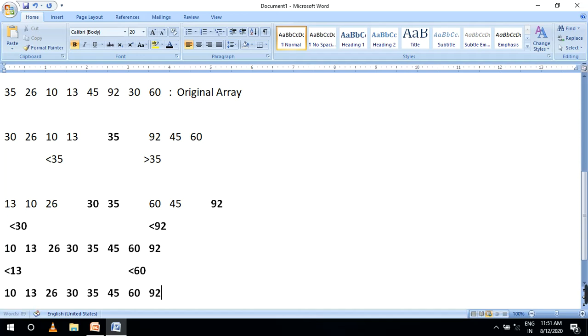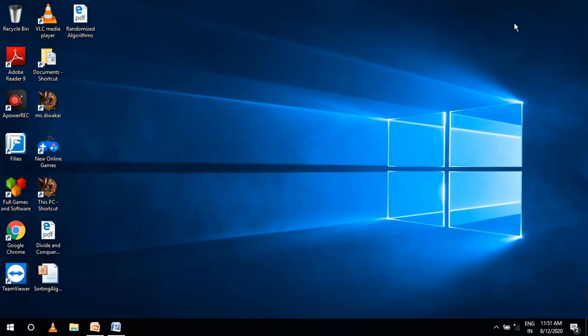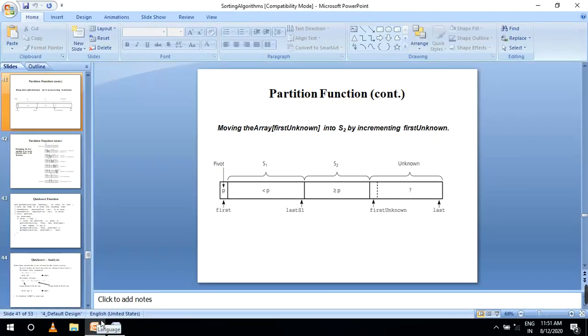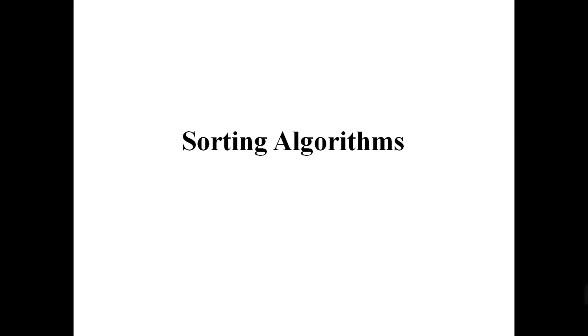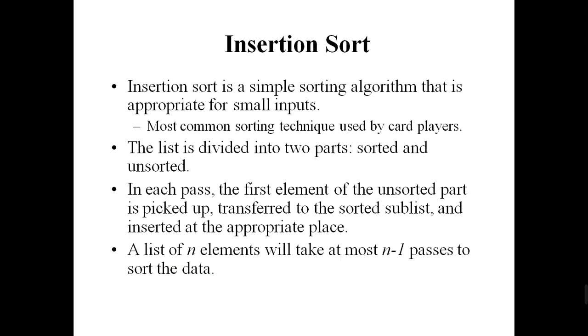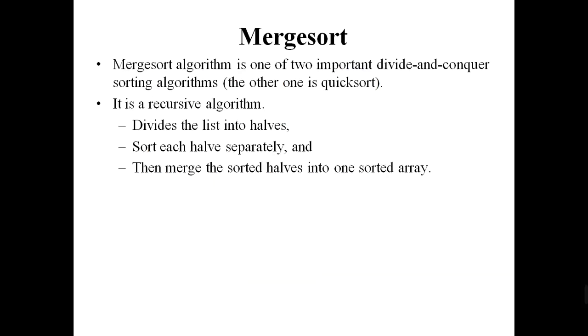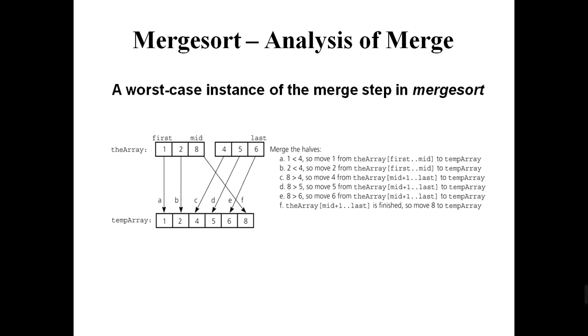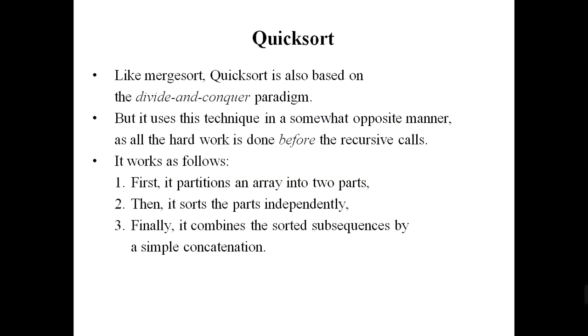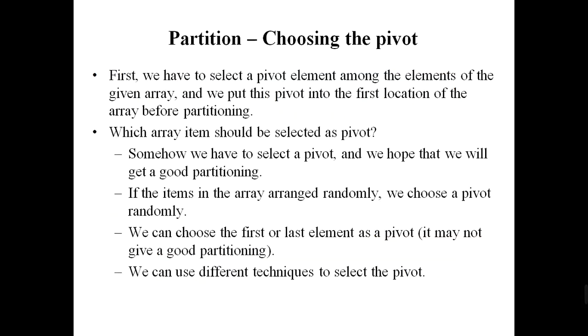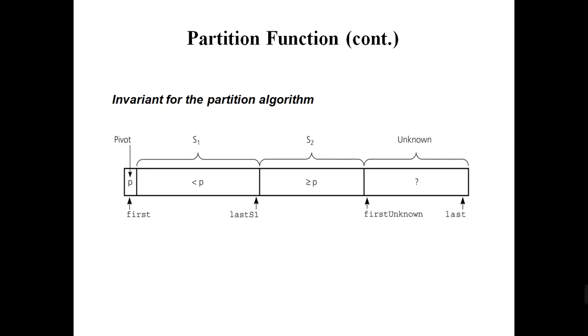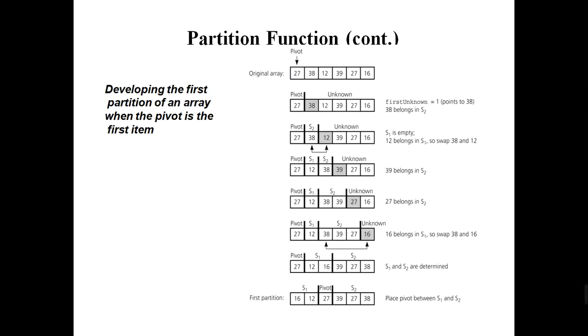If this is clear, it is a very easy method, and you understand how to take all the elements. The steps are partitions, choosing a pivot element, then the partition function. The first element is the pivot element, and based on the pivot element you take less than or greater than.